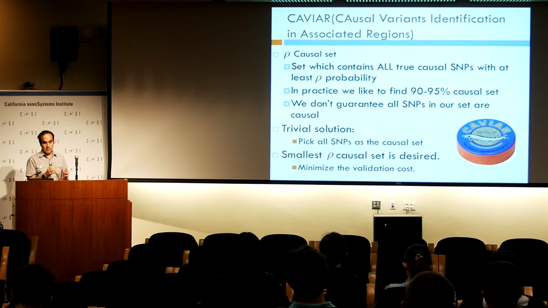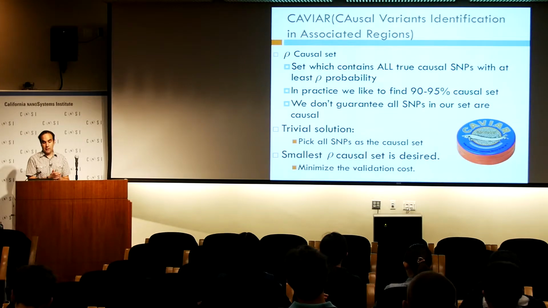We don't guarantee that all the SNPs in our set are causal, but we want to guarantee that the causal SNPs are in that set. For example, a trivial solution is just pick all the SNPs in the genome as your causal set.